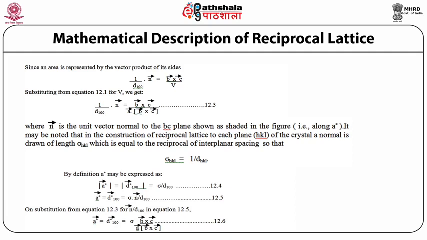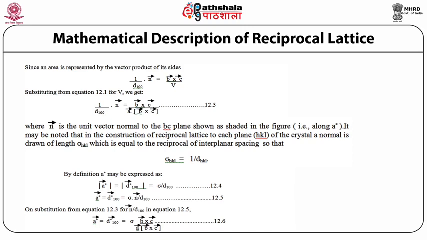By definition, a star may be expressed as modulus of a star vector is equal to modulus of d star 100 vector is equal to sigma upon d100, which is represented as equation 12.4.